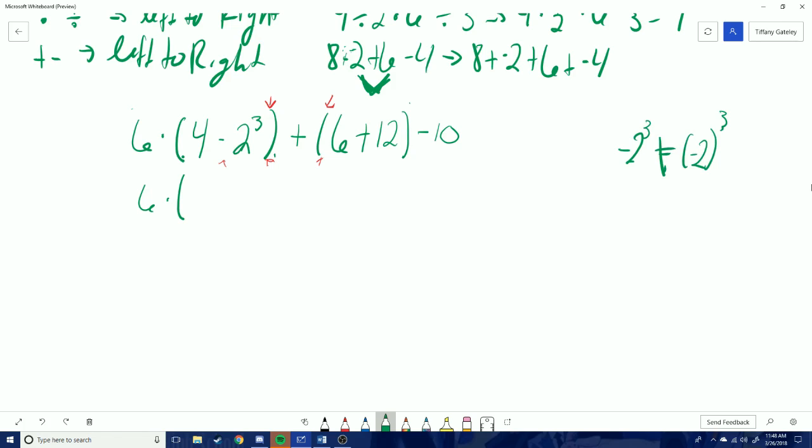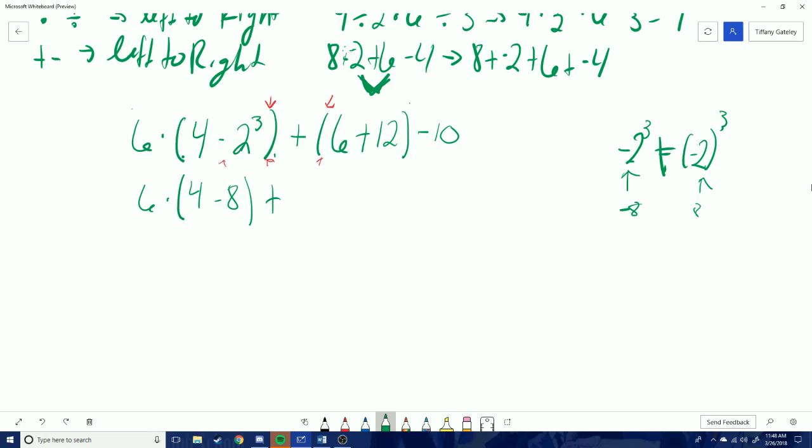Those are different. This one's saying the opposite of 2 cubed, and this one is saying negative 2 cubed. So this one will give you negative 8, and this one will give you 8. And that's important when you're entering it in the calculator, and we'll go into more about exponents in a different video.